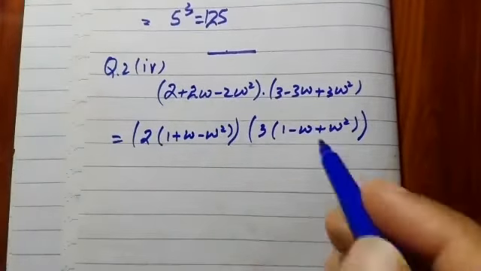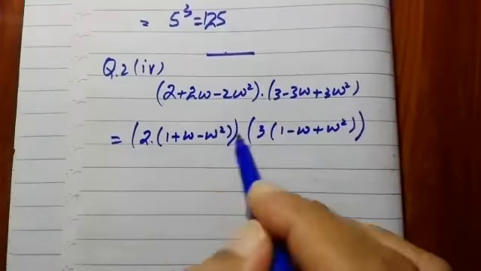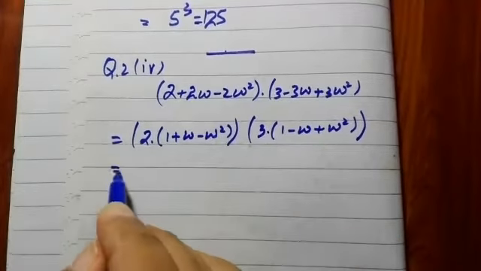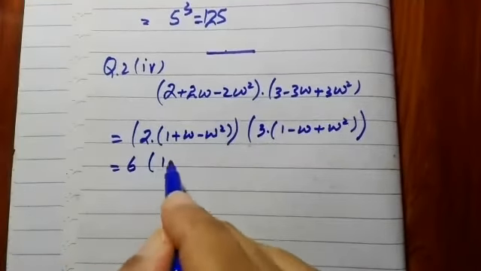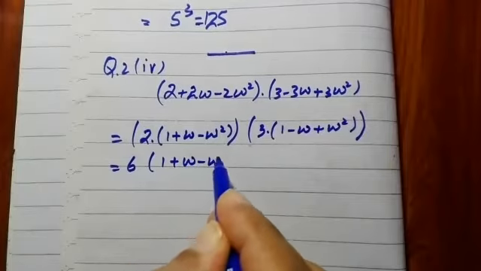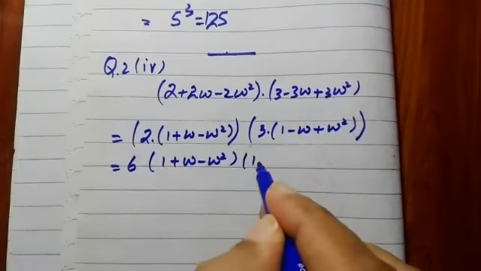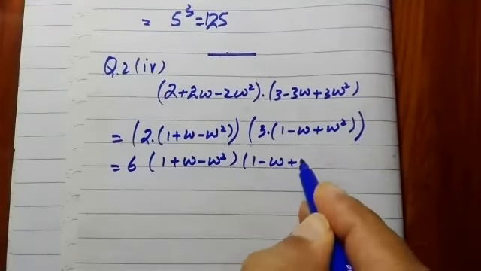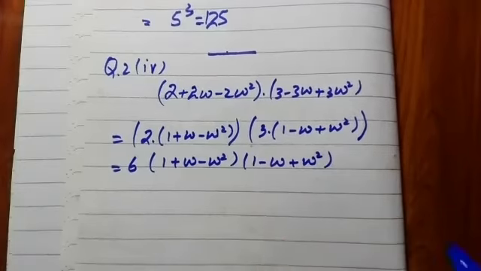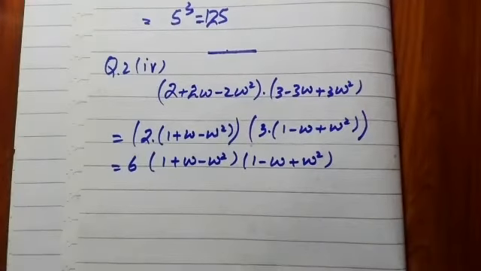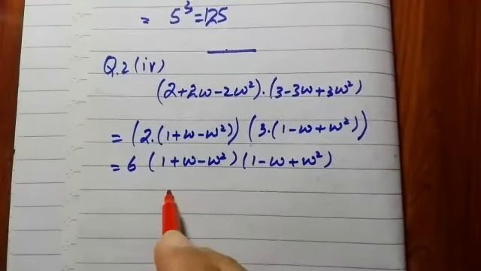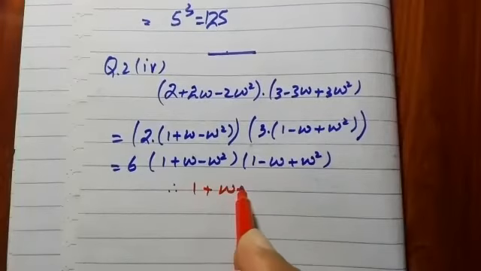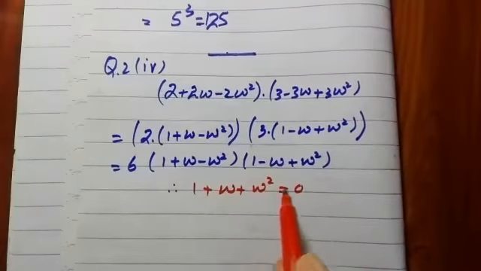So what you can do is multiply 2 and 3 separately and make it 6, and keep the terms within brackets like this one. Now we will be using 2 different things. I'm writing the property very clearly, that is sum of cube roots of unity equals to 0.